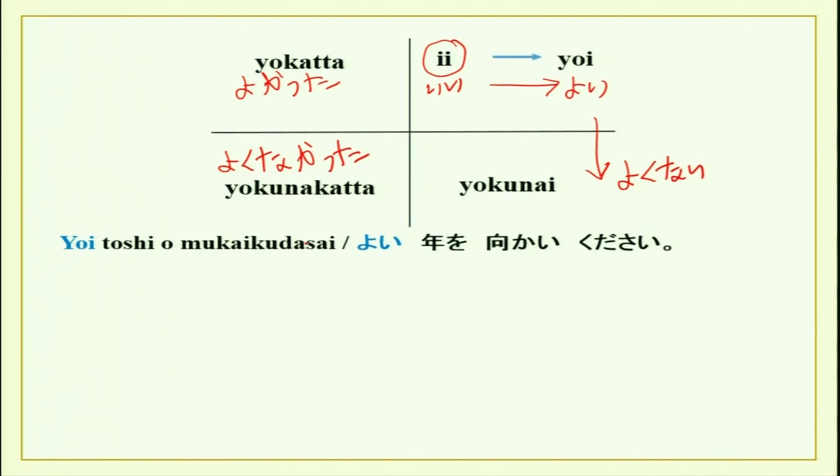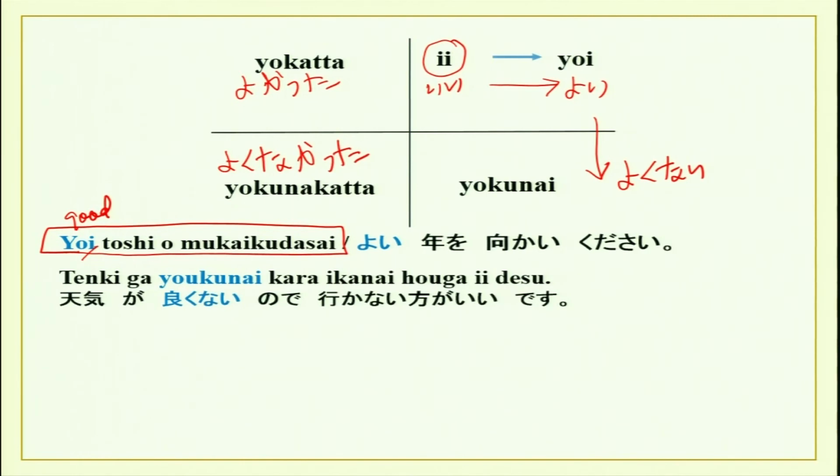Now see, yoi toshi o mukae kudasai. This is a phrase which is used during Shogatsu, New Year. Yoi toshi, good year. Please welcome a good year. Then, tenki ga yokunai kara ikanai hou ga ii desu. Yokunai is not good.